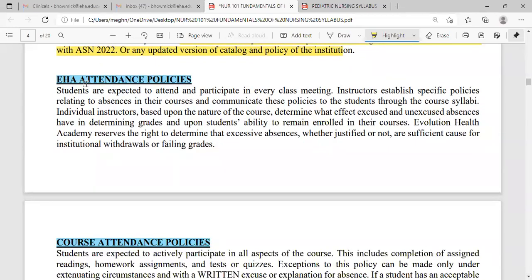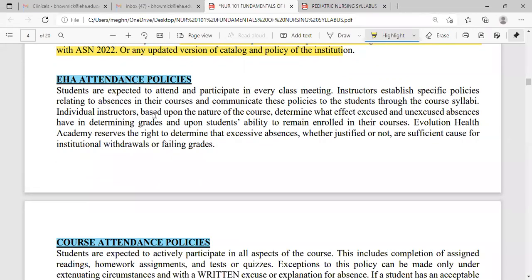So what are our Evolution Health Academy attendance policies? The students are expected to attend and participate in every class meeting. Instructors establish the specific policy related to absence in their course and communicate this policy to the students through the course syllabi.